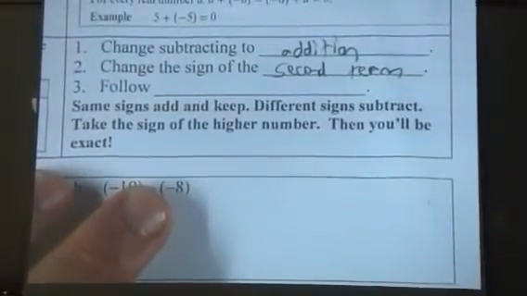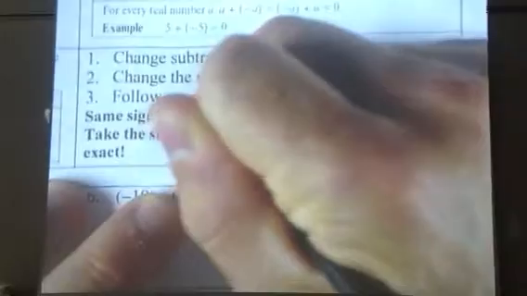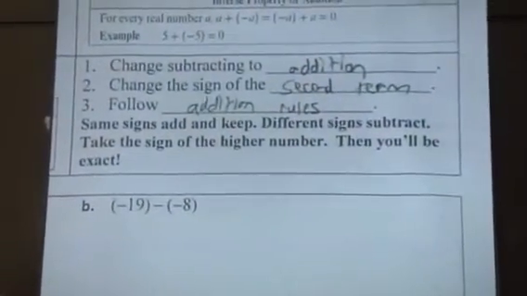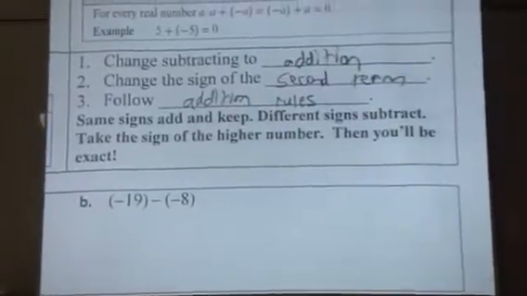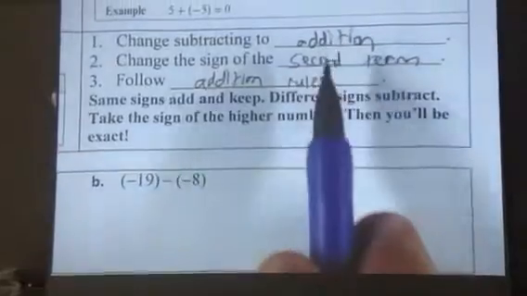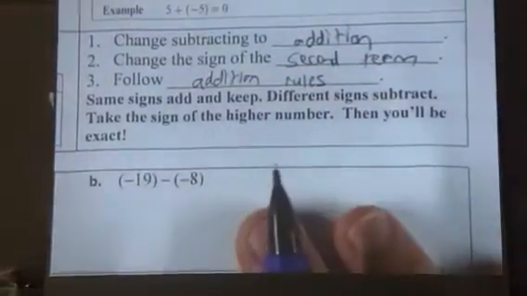Let me zoom out a little bit. And remember, like we learned yesterday, the addition rules are here. Same signs add and keep, different signs subtract. Take the sign of the higher number, then you'll be exact. Those are your addition rules. So, let's practice that. We change subtraction to addition, change the sign of the second term, and then always follow your addition rules. So here we go.